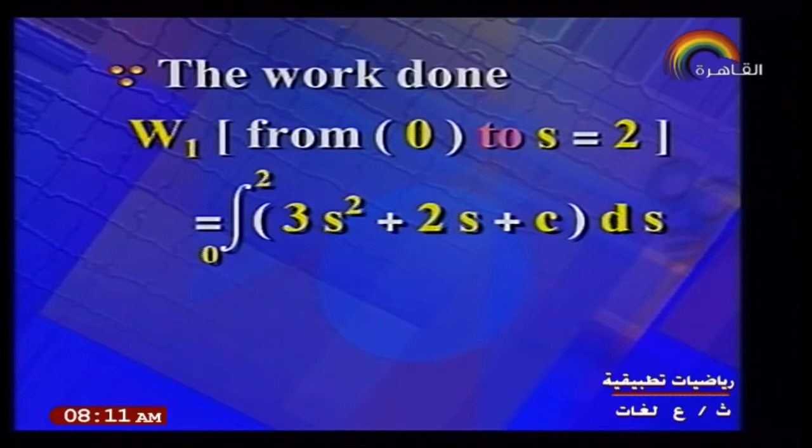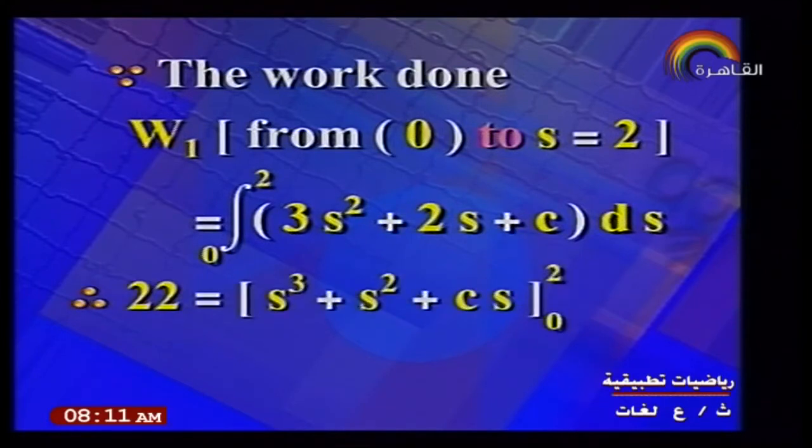What is the integration of 3s squared? Excellent student. s power 3. What is the integration of 2s? Excellent student. s power 2. What is the integration of c? cs. After that, the integration of s power 3 plus s power 2 plus cs from 0 to 2 equals the work done equals 22.